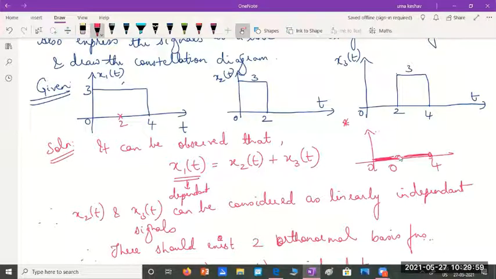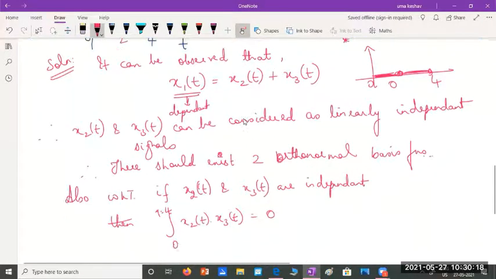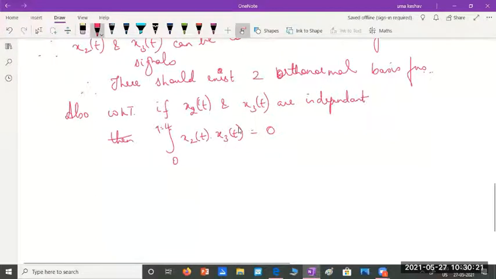So does it satisfy the principle of orthogonality? For these signals to have orthonormal basis functions, they should satisfy the orthogonality property, that is the integral of the product of the two signals should be 0. They should be orthogonal to each other.